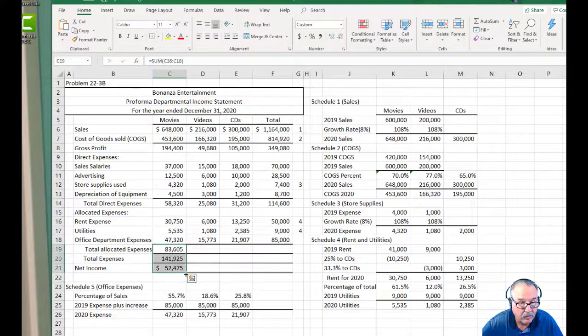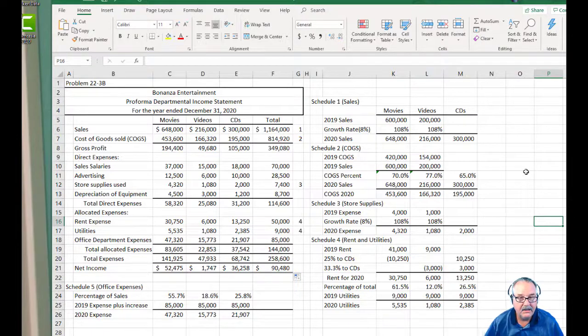I'm going to use the drag tool to get it all totaled up. And we have a profitable CD department, so this would be a good idea. Adding the CD department will make net income go up. And that's the objective, is to maximize our profits.